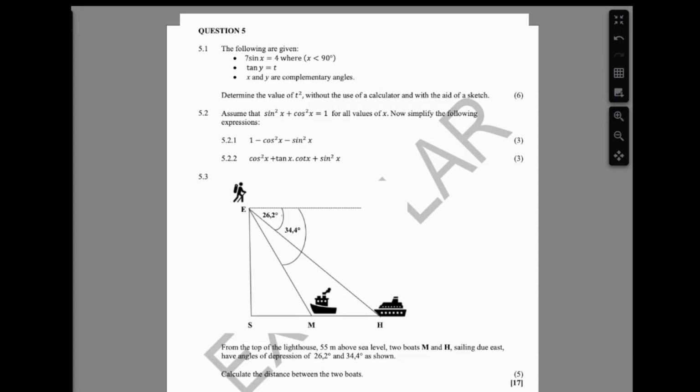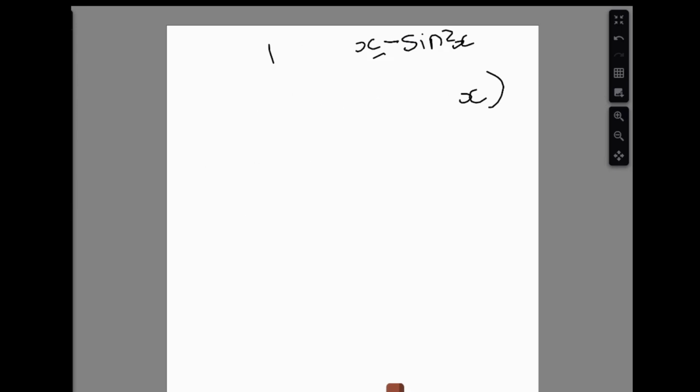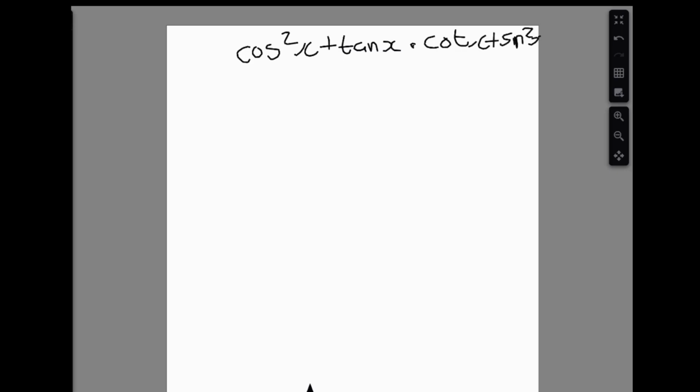Cos squared x plus tan x multiplied by cot x plus sine squared x. Okay, let's go back. Let's erase this. Let's write the question. The question says that cos squared x plus tan x multiplied by cot x plus sine squared x.